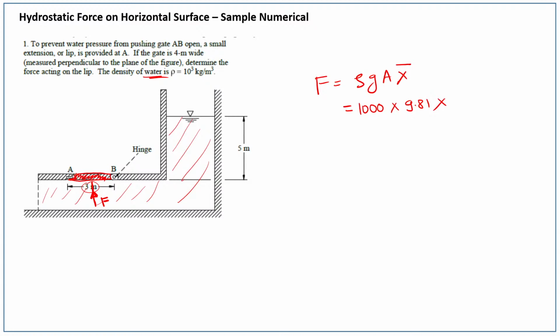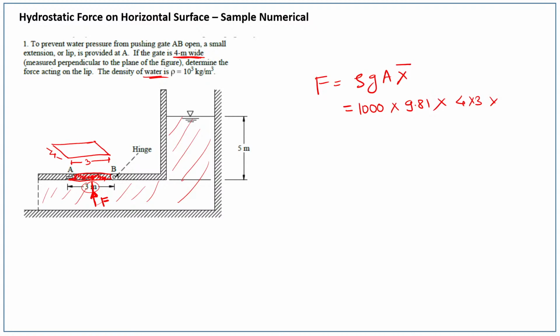Now for the second dimension you have to read the numerical. It is given 4 meter wide. So this plane surface, this gate, is just like this. This dimension is 4 and this dimension is 3. So area is 4 into 3, into x bar, the location of the centroid from the free surface of the liquid.